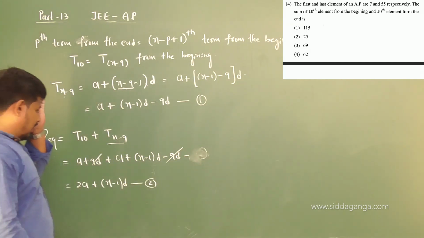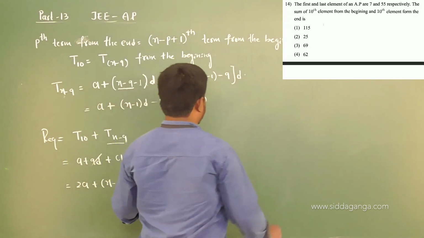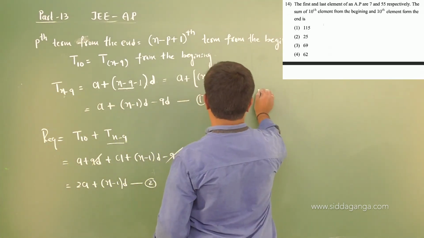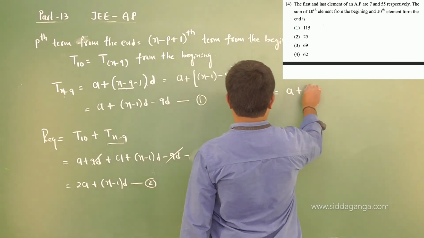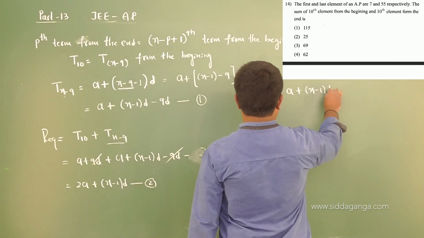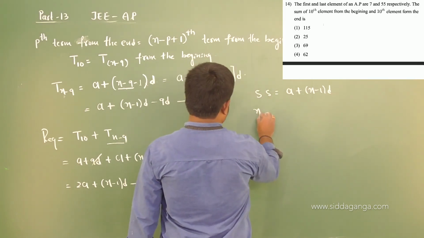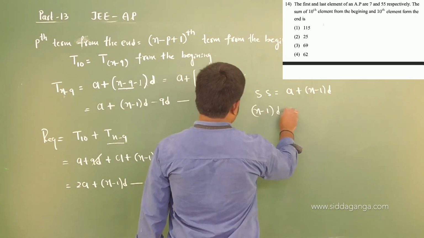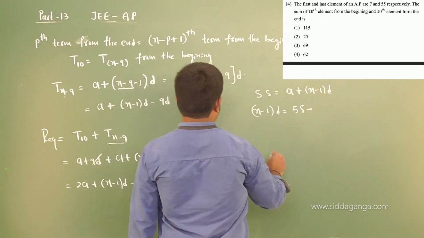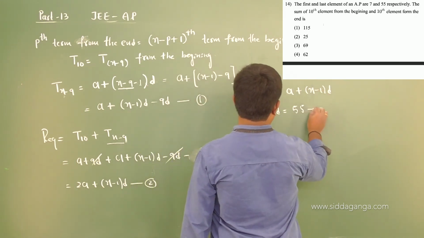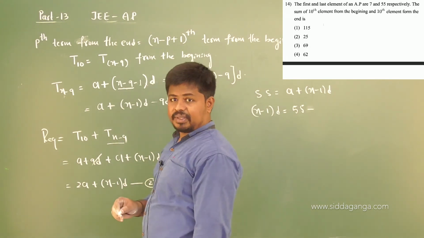Okay. Now let me find what n minus 1 into d is by using the last term. The last term we have is 55, right? L is equal to a plus n minus 1 into d, right? So n minus 1 into d is equal to 55 minus a. What is a? The first term is given, that is 7, right?